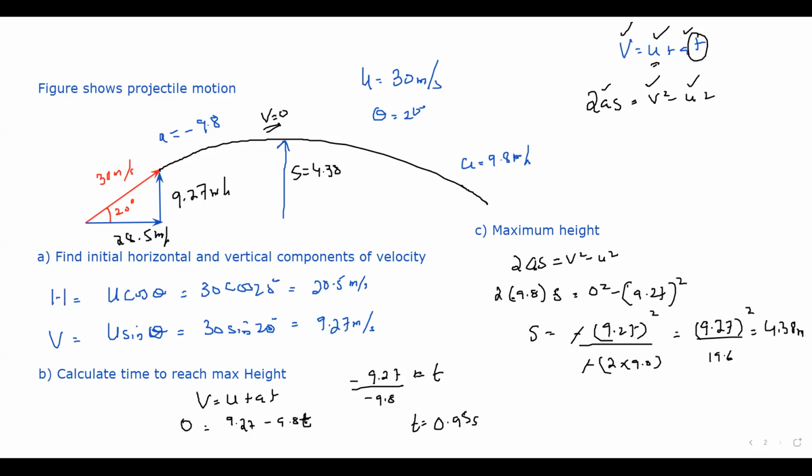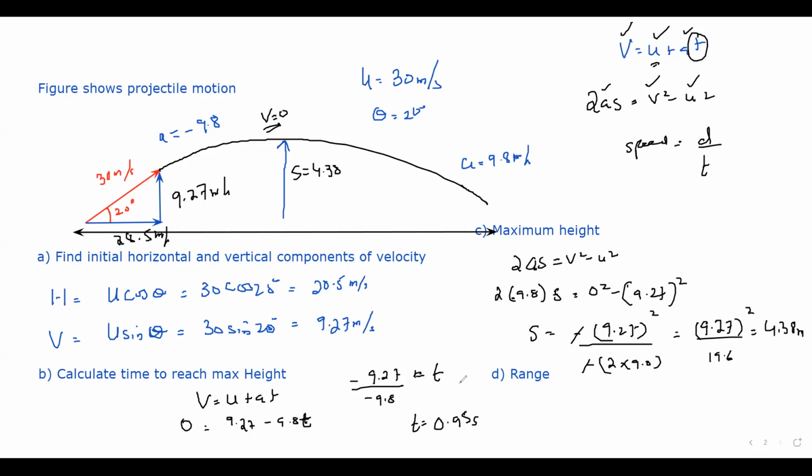Now if I need the range, it means the total horizontal distance. So when we are finding the range, the total horizontal distance, I told you when we are using horizontal, then we'll use speed equals distance divided by time.